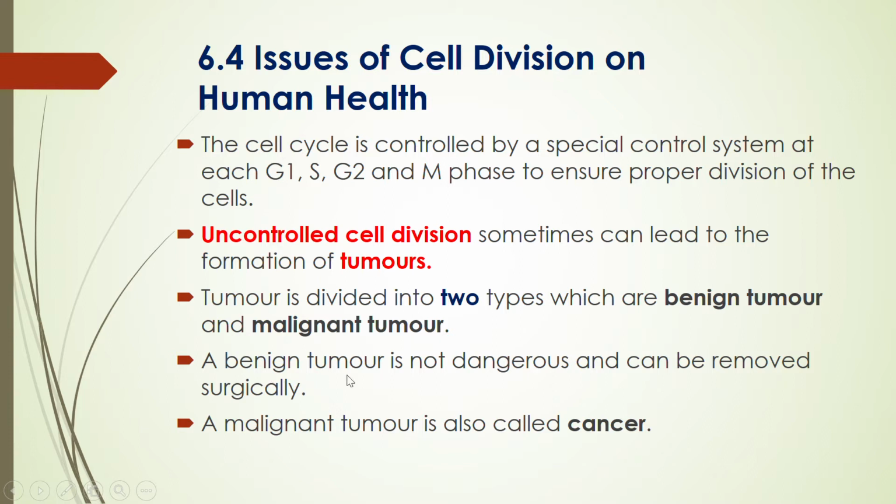Benign is not dangerous and can be removed surgically, but a malignant tumor is also called cancer. What we know as cancer is actually a type of malignant tumor. That means cancer happens because something is wrong at the control system of the cell cycle. In other words, uncontrolled mitosis leads to cancer.